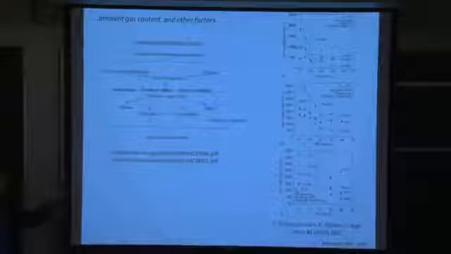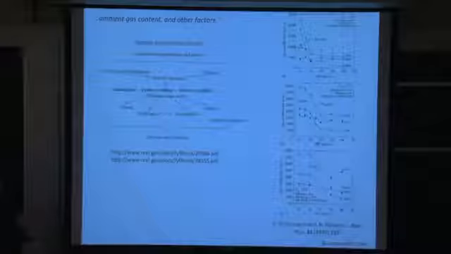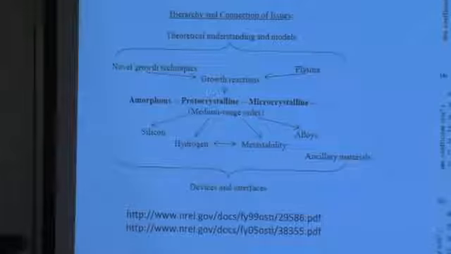This right here is a brief slide just addressing the issue of how growth conditions can impact material quality. There are a number of growth parameters, shall we say, that impact whether you obtain an amorphous material with high mobility, with low mobility, a microcrystalline material, nanocrystalline material, and so forth.